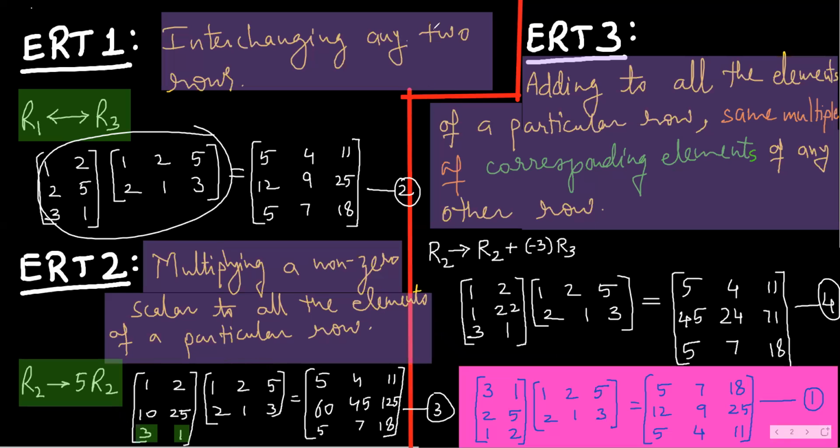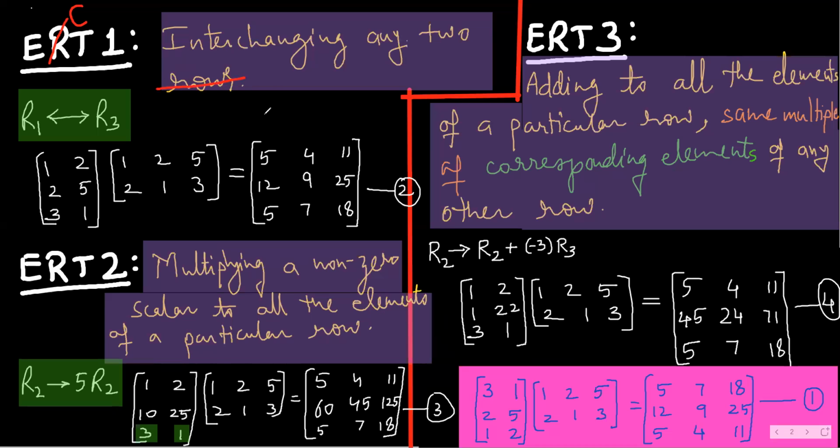Now here we are going for ECT, that is elementary column transformation. Before I actually write the column transformation, I will bring in some corresponding changes, and that will make you understand it much better. This is ECT. So R cancels and this is C. So elementary column transformation 1. What is it? The first elementary column transformation will be interchanging any 2 columns.